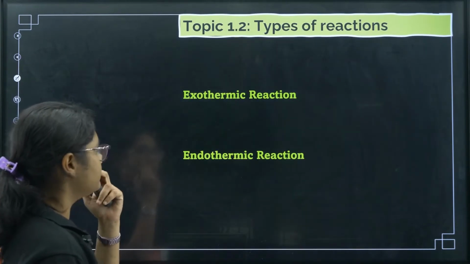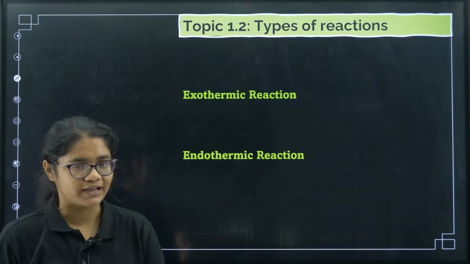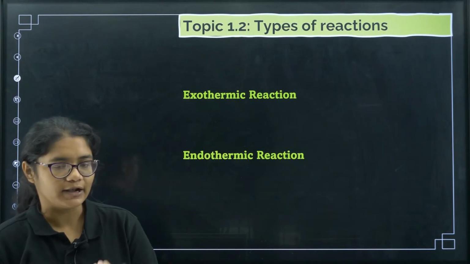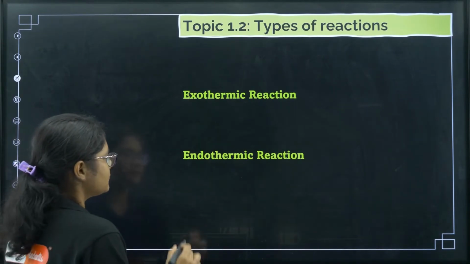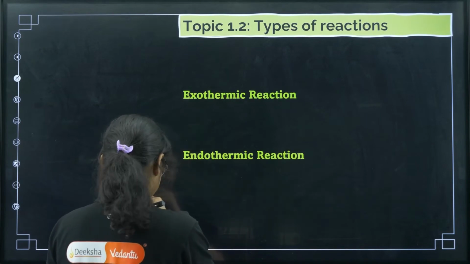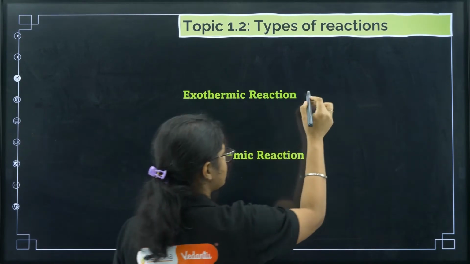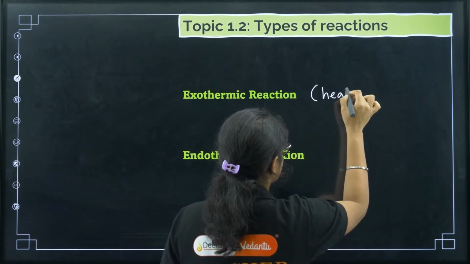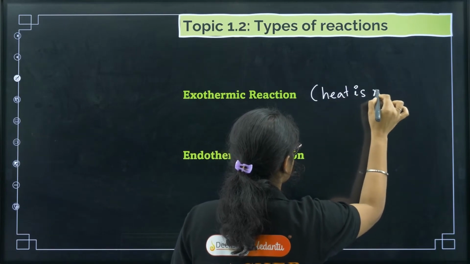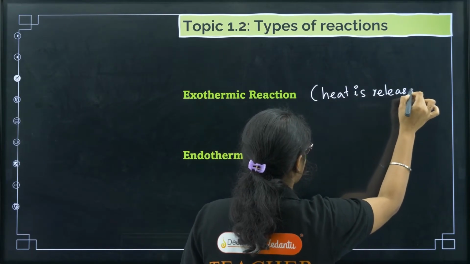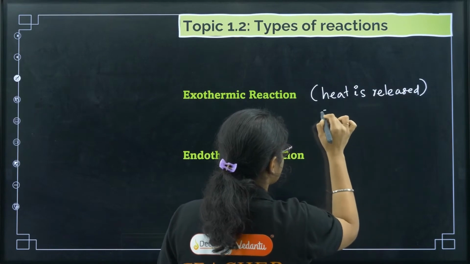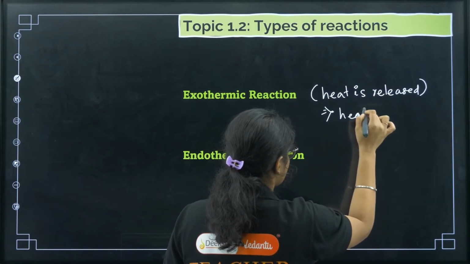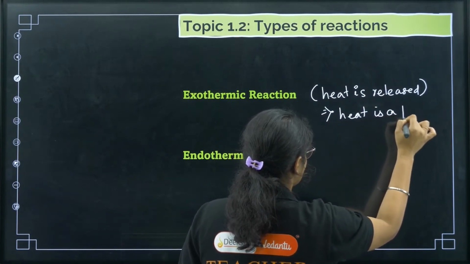Next, coming to another two types of reactions: exothermic and endothermic reactions. Exothermic reactions are those reactions where heat is released, which means heat is a product.